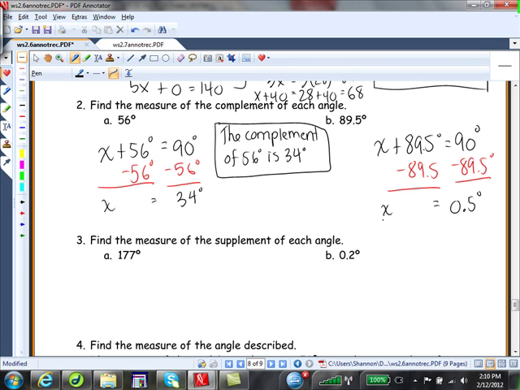So again, for this one, the complement of 89.5 degrees is 0.5 of a degree.